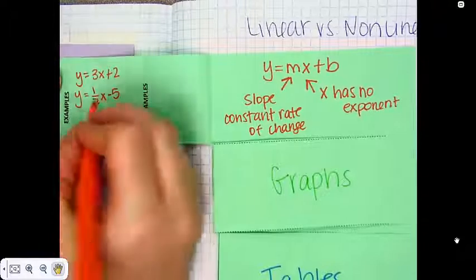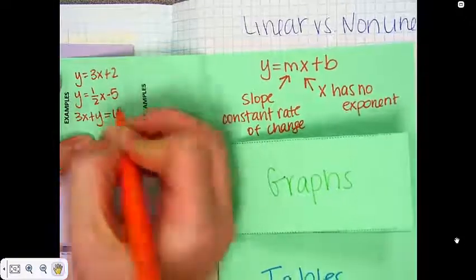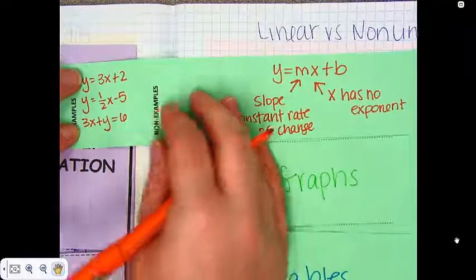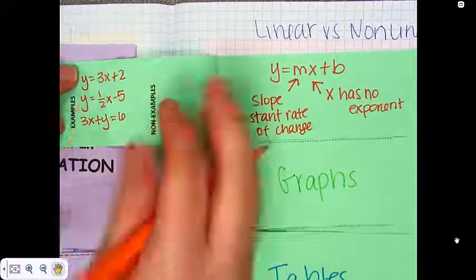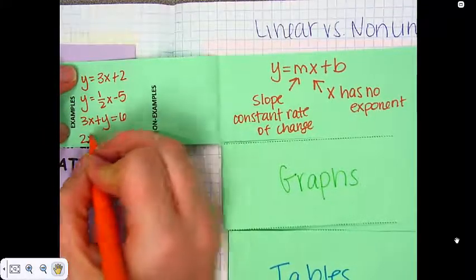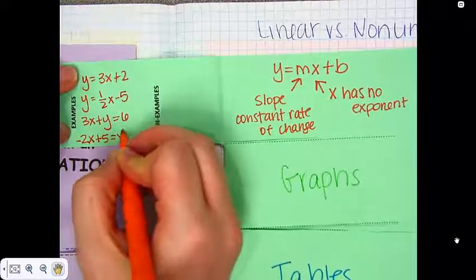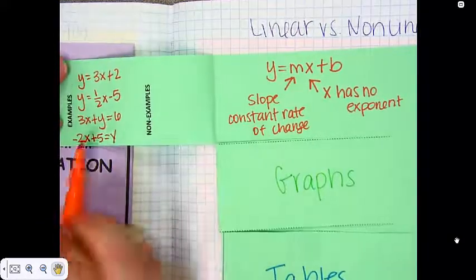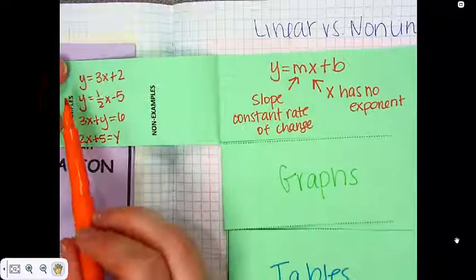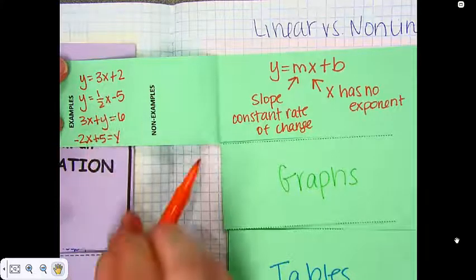We can have 3x plus y equals 6. Again, x is raised to the first power. And 2x plus 5 equals y. Again, it doesn't matter where x is. It doesn't have to be perfect y equals mx plus b form. It just has to have an x raised to the first power with a slope or a coefficient.